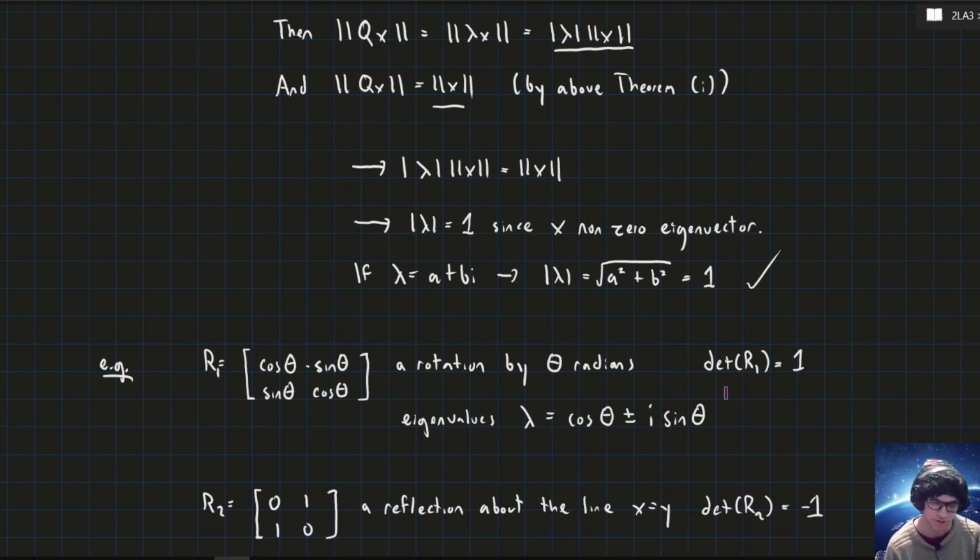If you're just doing a normal rotation by some angle, you'll have determinant 1. But if you're doing a reflection or an improper rotation, so this is an example of that, a reflection about the line x equals y, you'll have a negative determinant, negative 1. So those are the two varieties of rotation matrices.